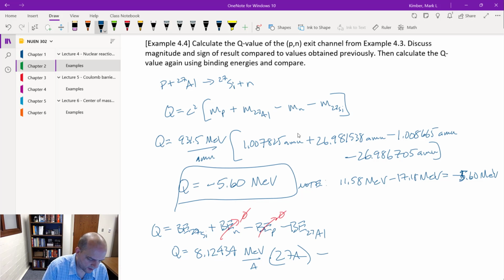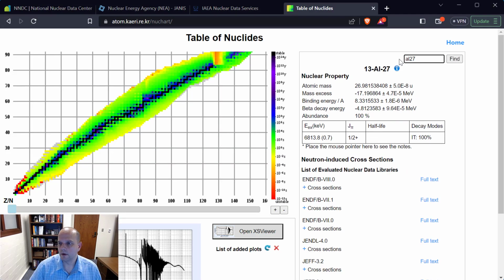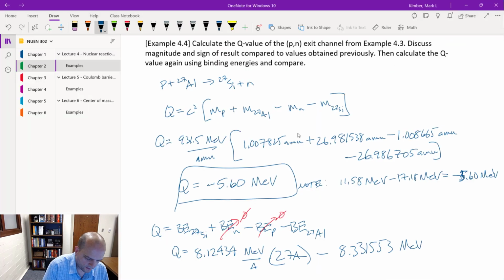And then I'll subtract from that the binding energy of aluminum 27. Come back over here and look at that value. The binding energy there is going to be 8.331553 MeV per nucleon, and I also have 27 nucleons in this.